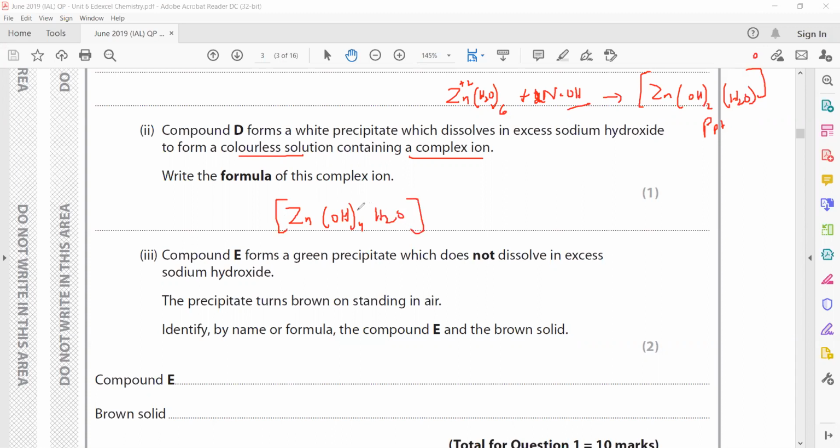Zinc is +2, hydroxide is -1. So the net charge on this will be 2 minus, or -2. That is why it will dissolve. If a complex has a charge, it will dissolve. If it does not have a charge, then it will be a precipitate.